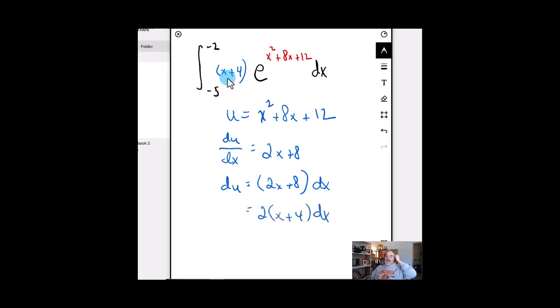All right, and now we know how we're going to substitute. That x squared plus 8x plus 12 is just going to be u, and then the x plus 4 dx is going to end up being 1/2 du. And once we make this substitution, the new integral to solve is going to be simpler than the one that's originally presented.